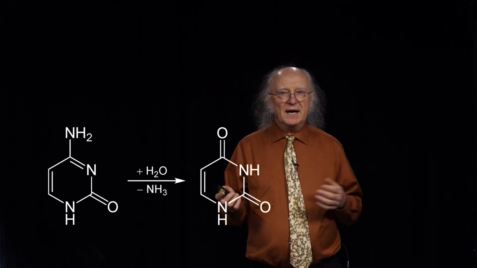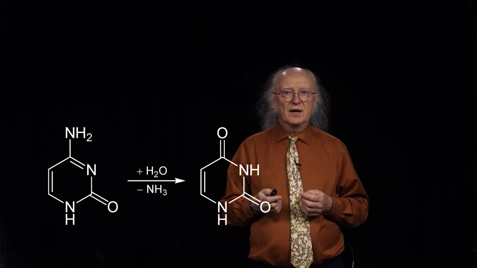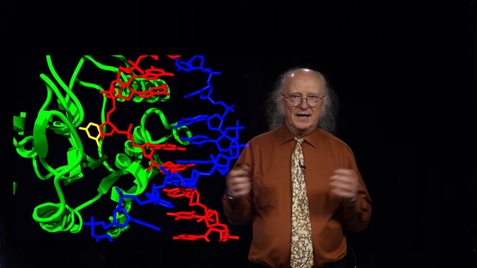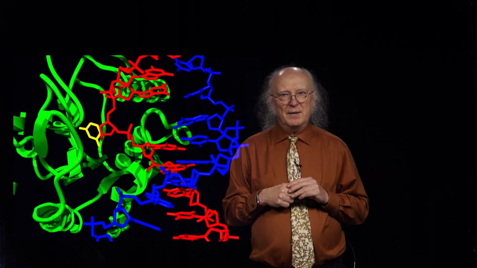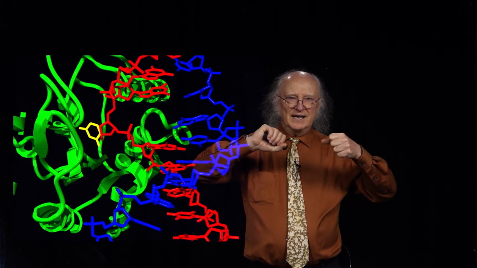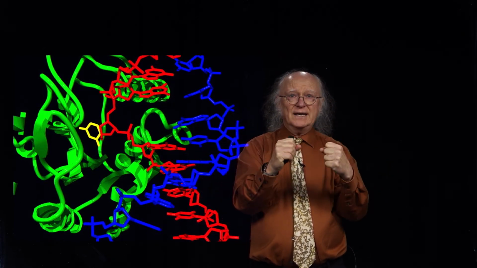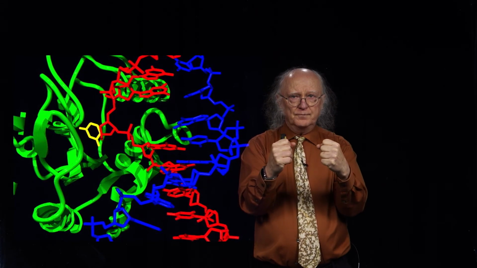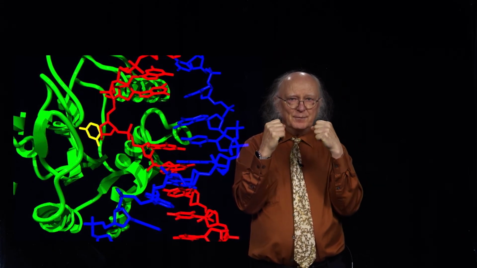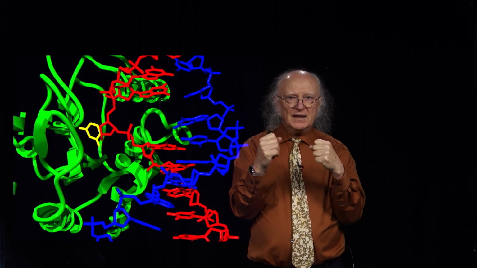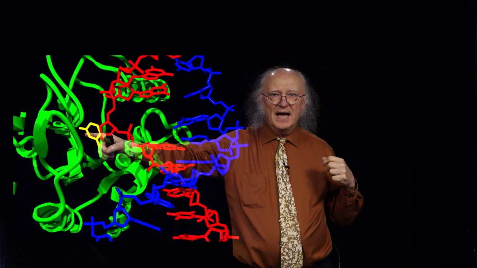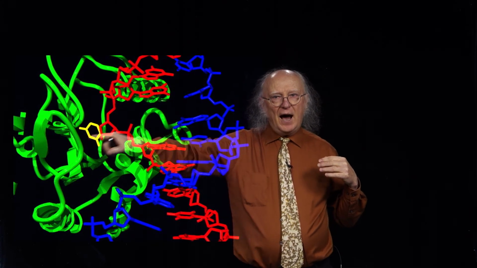Well, they use this mechanism called base excision repair that is really interesting. Base excision repair, and this looks kind of like a complicated slide. The only point I want to make about base excision repair is that it involves an enzyme that recognizes that U, it binds to that DNA duplex, and then it does something really cool. It takes that U, and you can see the U right here in this little thing, and it flips it out of the duplex.